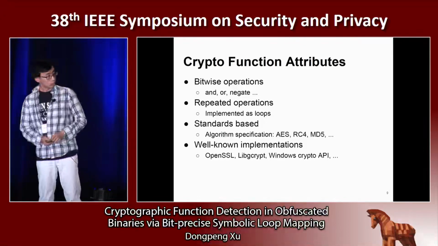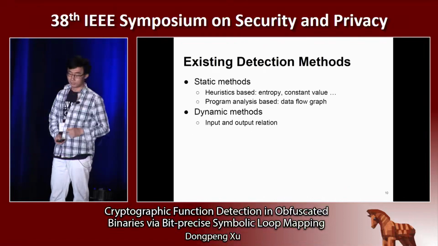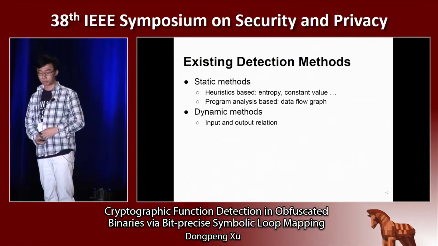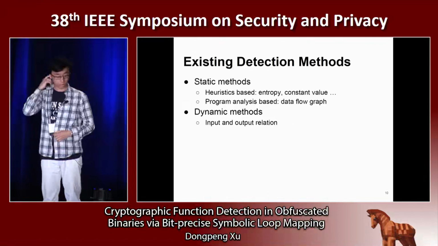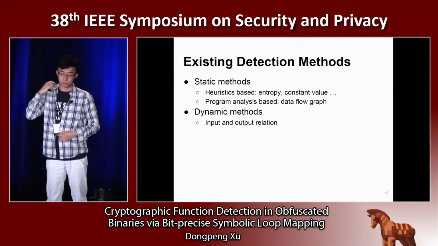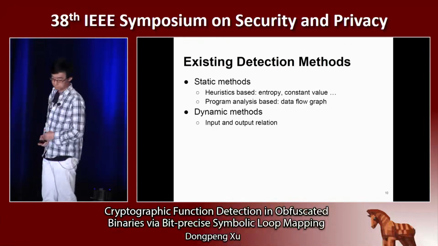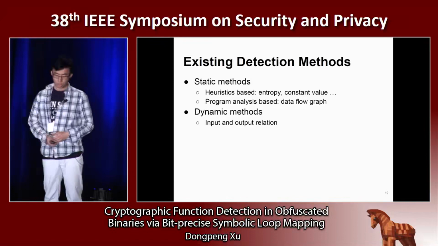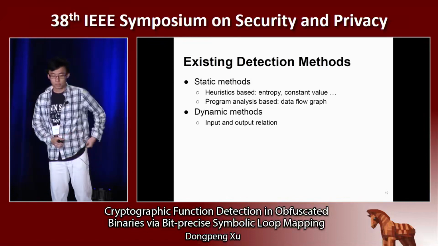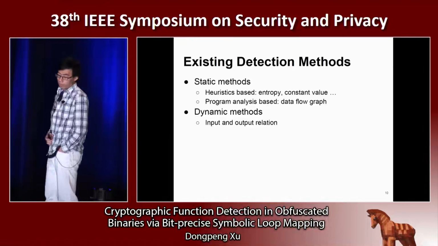The existing methods utilize these kinds of attributes to detect crypto functions. Generally, there are two categories of methods, static methods and dynamic methods. Many static methods are heuristic based.